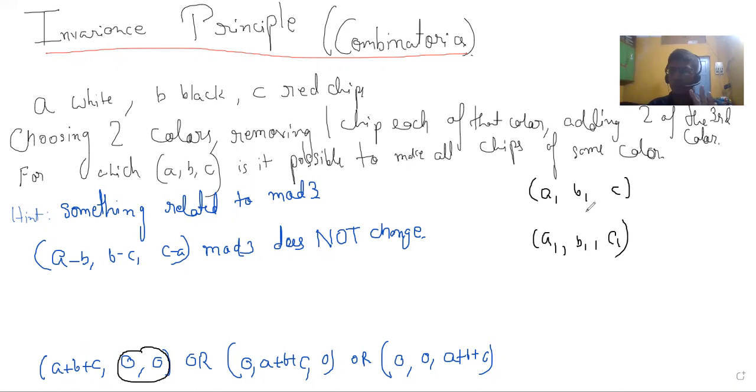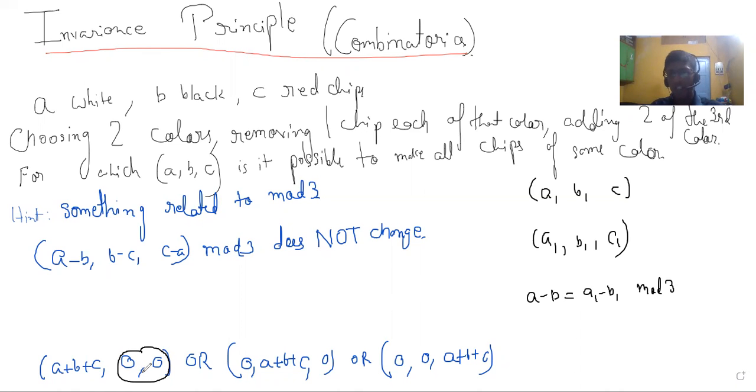Whatever move you're making, whatever A minus B was modulo 3, A1 minus B1 is also the same thing modulo 3. And similarly for the others also. And that is not changing. I'm not saying it's 0 modulo 3, I'm just saying it's not changing.